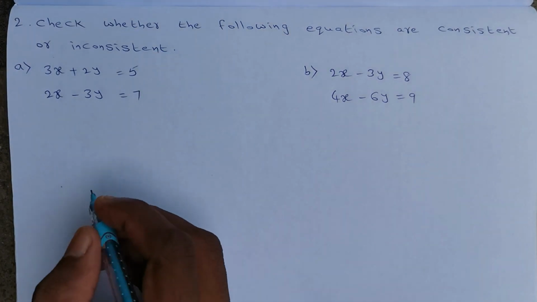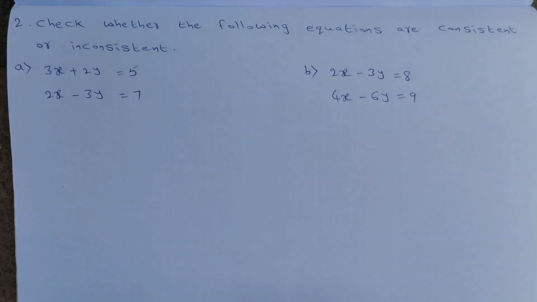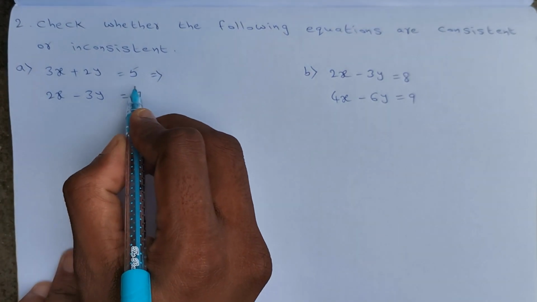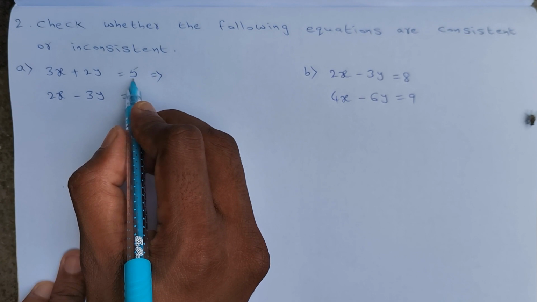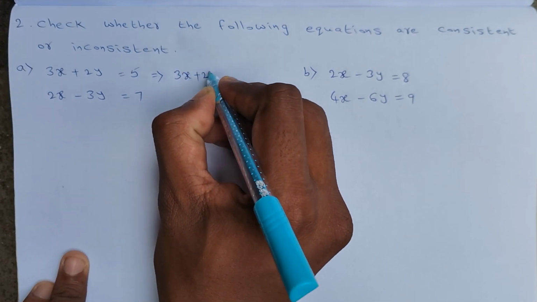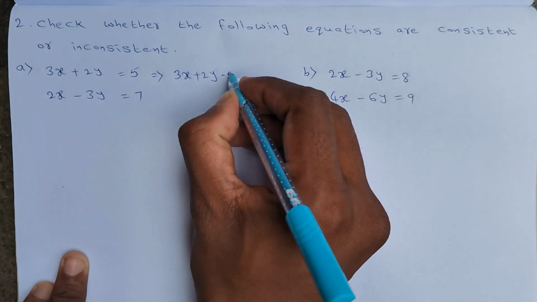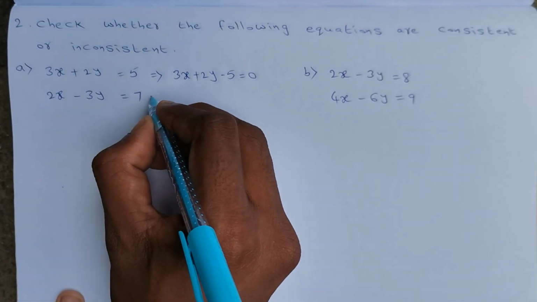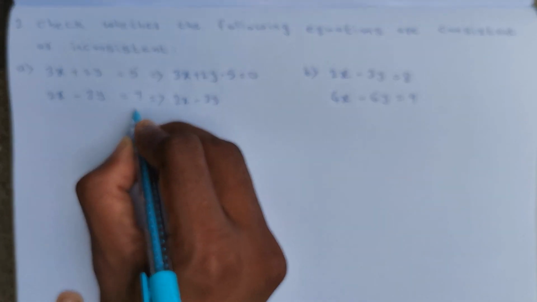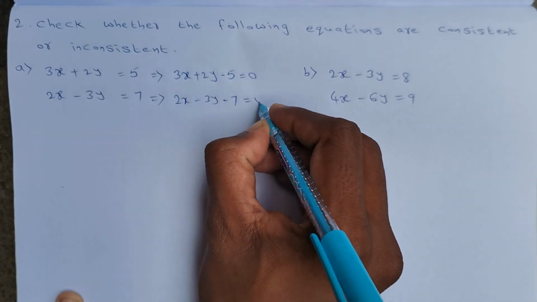So let us check. Again the same, A1 by A2 is equal to B1 by B2, C1 by C2, we need to check. Now this 5 is towards the right side, so I will take this also to the left side. 3x plus 2y plus 5 will become minus 5 is equal to 0. The same way the second equation also, 2x minus 3y, here plus 7, if we take it to the other side it becomes minus 7 is equal to 0.